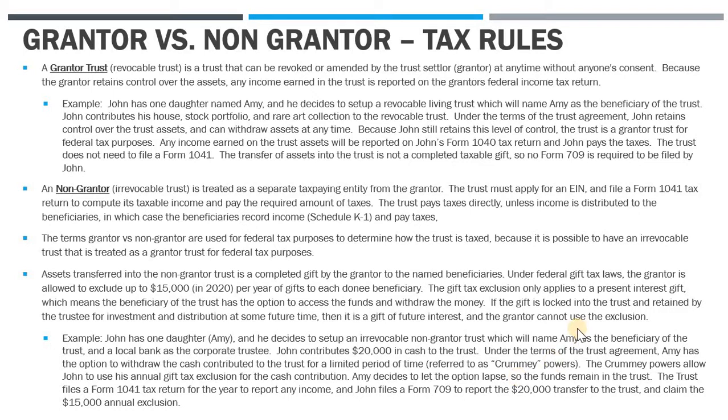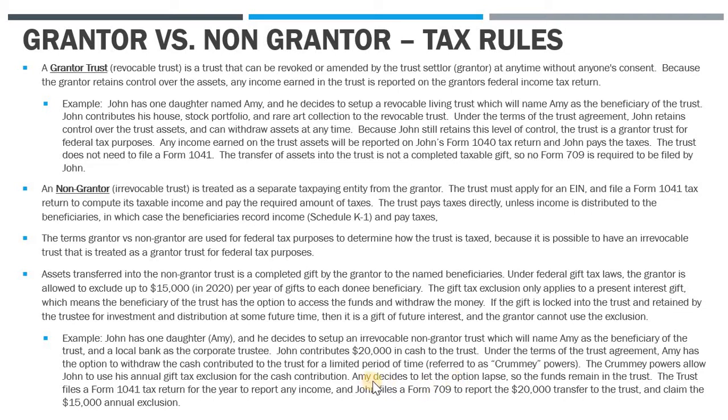The Crummey powers are provisions in the agreement that allow the beneficiary to access the funds within a certain period of time, and what that does is it gives the gift into the trust this deemed present interest classification, right? So Amy doesn't have to take it. She just needs to have the option to be able to take it.